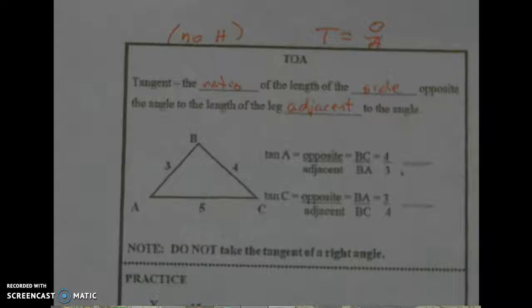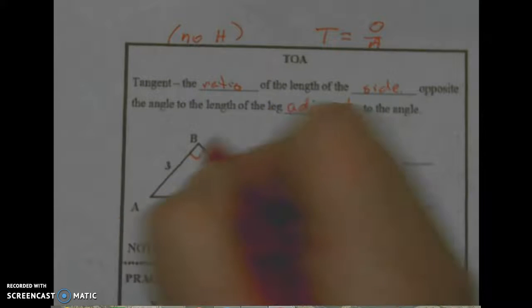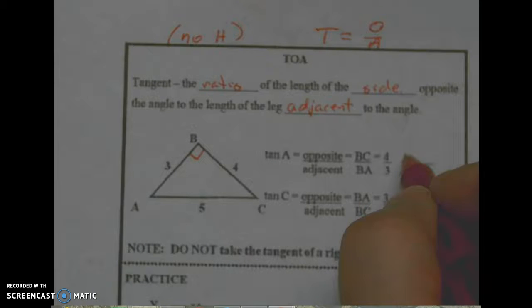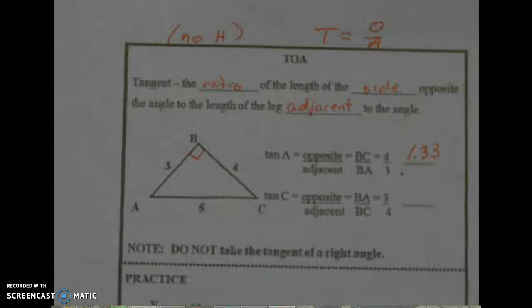So again, I'm looking at my triangle ABC with my right angle at B. If I want the tangent of angle A, I want the opposite side BC over the adjacent side BA, which gives me a fraction of 4/3, or 1.33. Notice that my tangent is the only trig function that can give me a number bigger than 1.